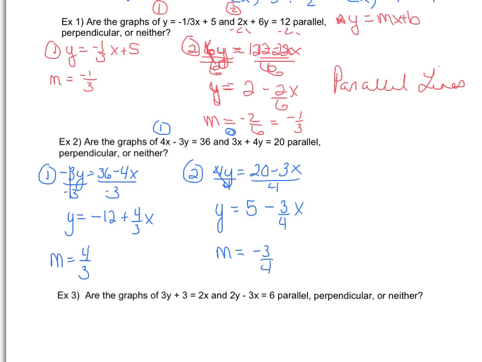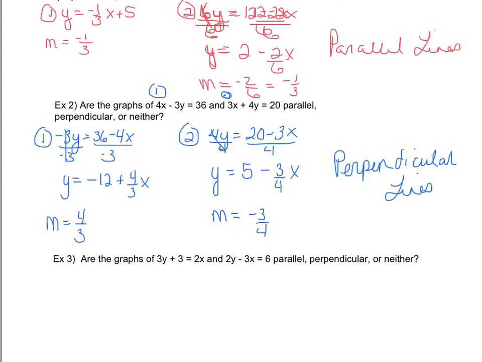Well, I notice that 4/3 and -3/4 are a flip or a reciprocal of one another, and they are also opposite. So I'm going to conclude that these are perpendicular lines. If we look at these in class, I would love to show you on a graphing calculator how these really do amount to parallel lines in the first example and perpendicular lines in the second.